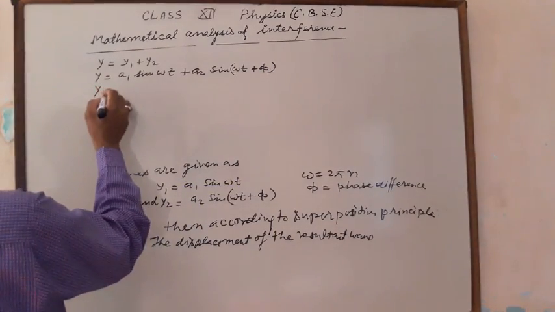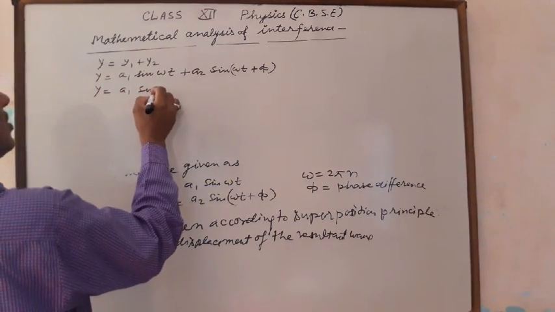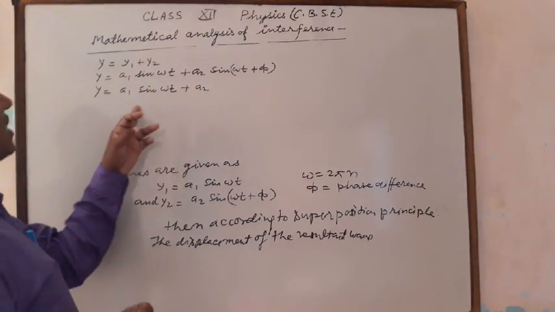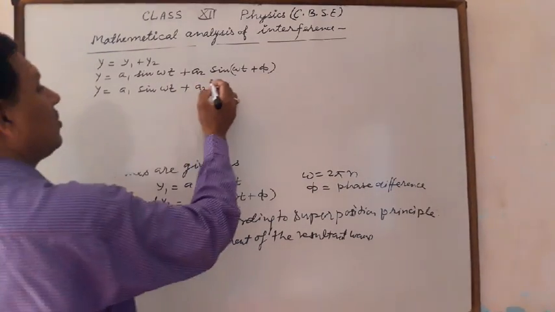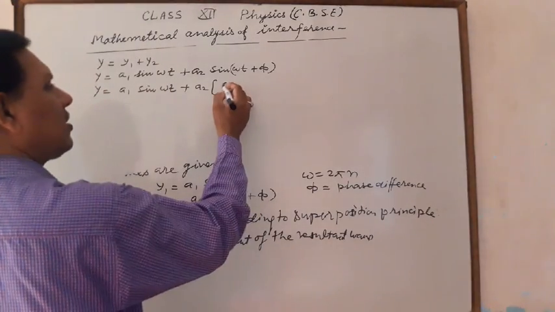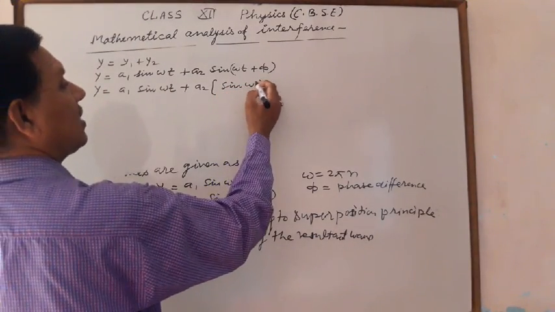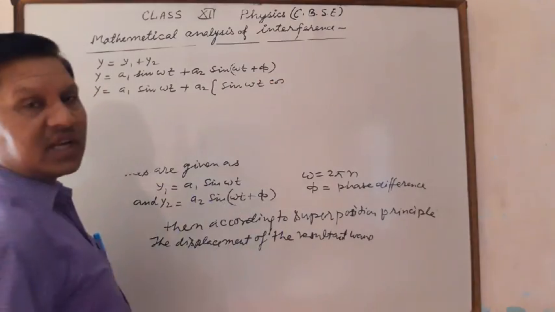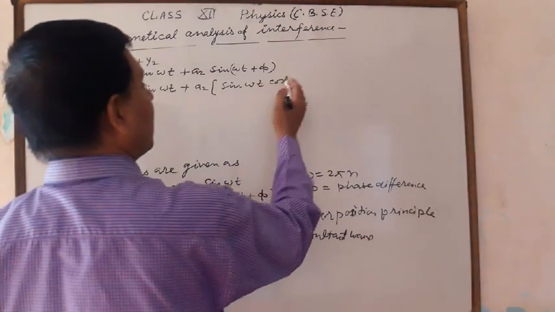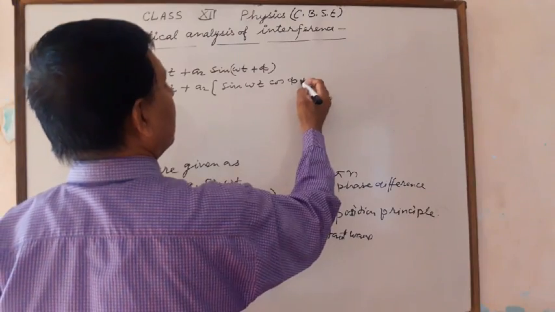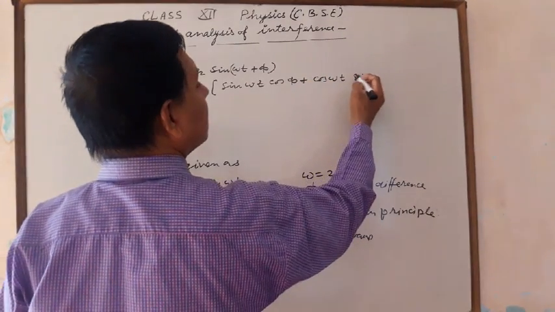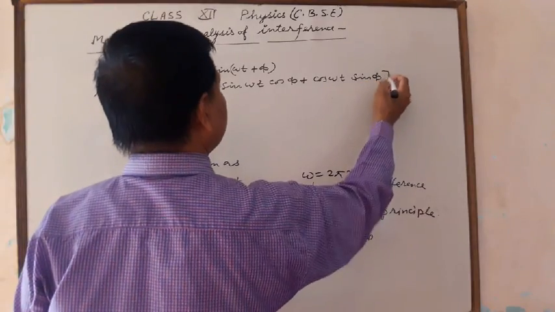This is equal to a1 sin omega t plus a2 sin(omega t plus phi). The expression of sin(omega t plus phi) is written as sin omega t cos phi plus cos omega t sin phi.